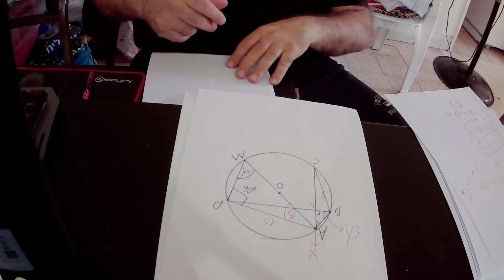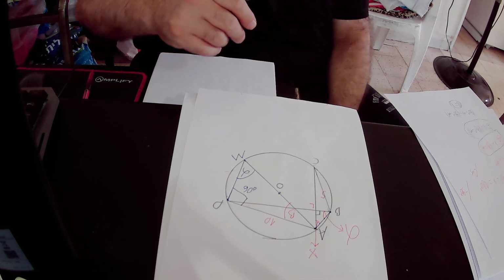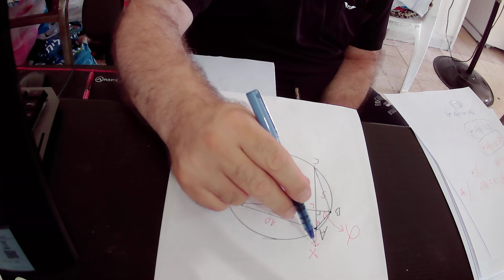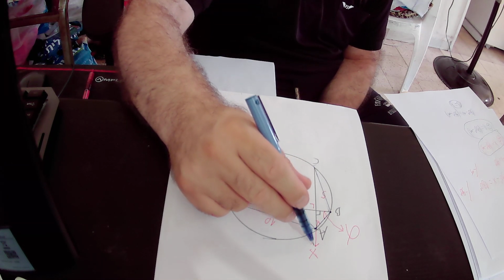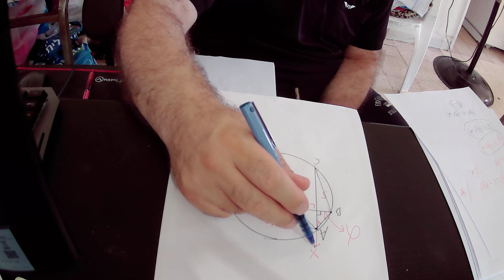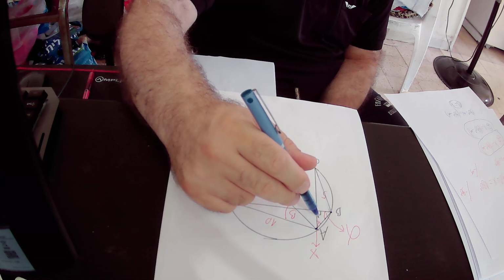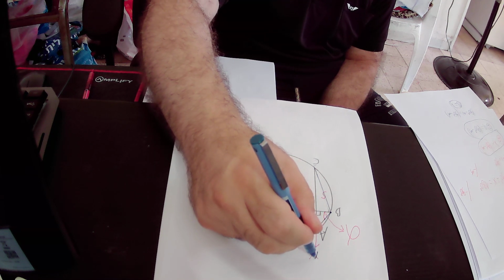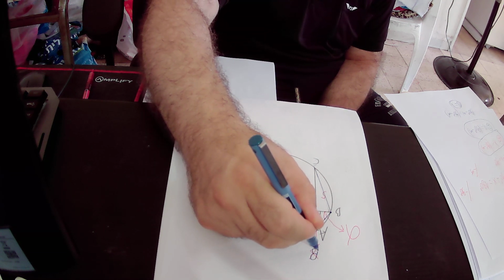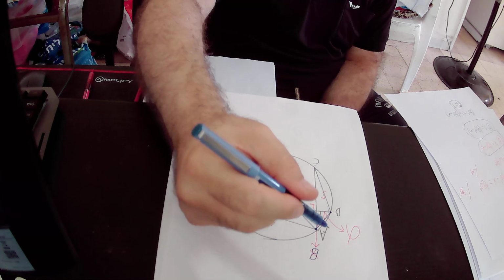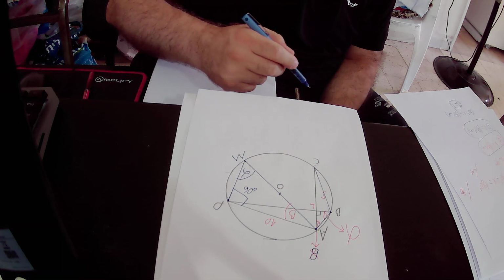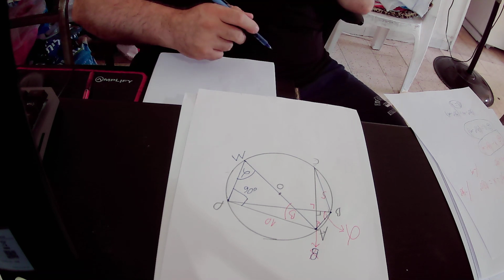in the drawing, instead of x, we know that x equals beta, so instead of x, I will write beta. Okay, so angle BAL equals beta.